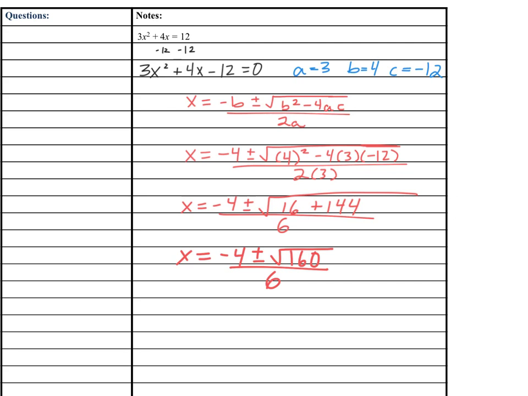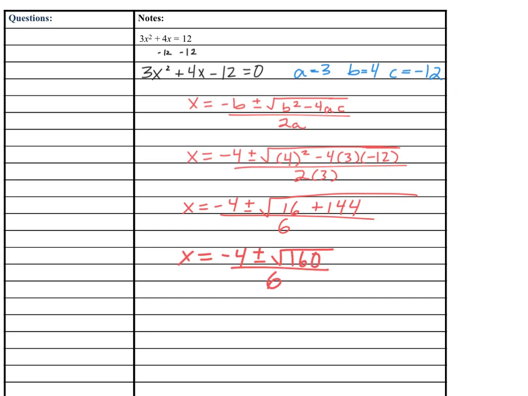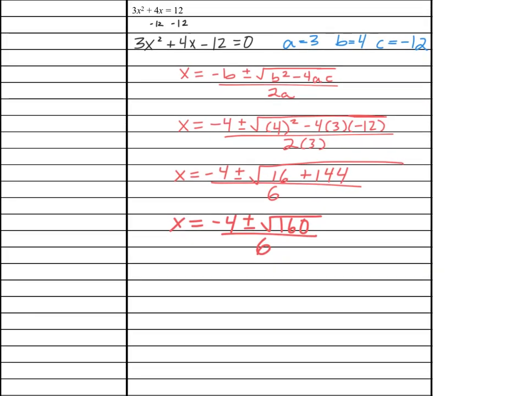We're going to use 12.649. We're going to use 3. The more the merrier, because we want to try and be as accurate as we can. So you have two things now.